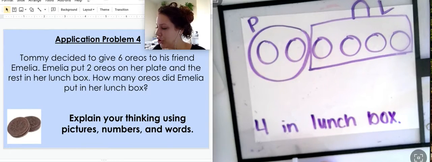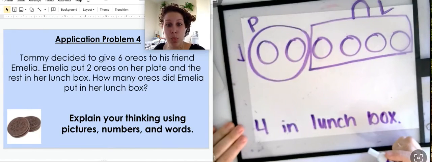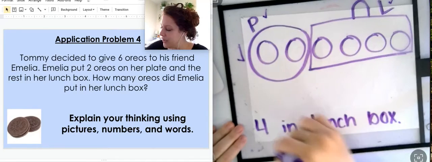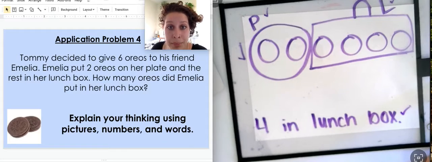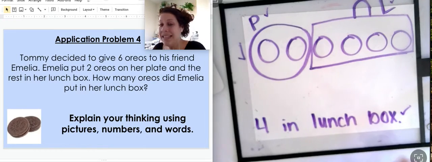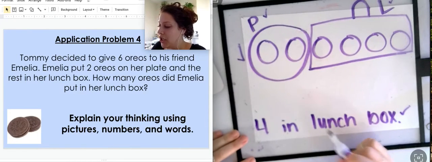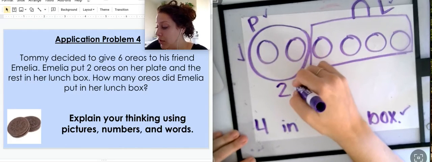Did I use pictures? Yes, I got my pictures. Did I use words? Yep, the P and the L count as words, and so does this sentence. I'm noticing I didn't use numbers. So I need to go back and add my numbers to the story. So there's 2 over here.